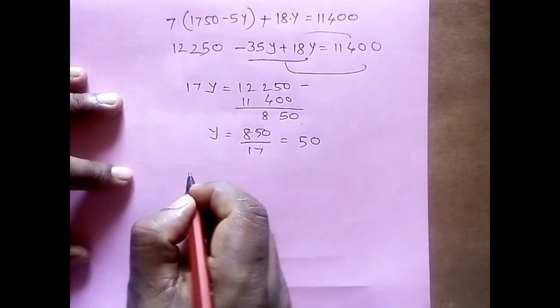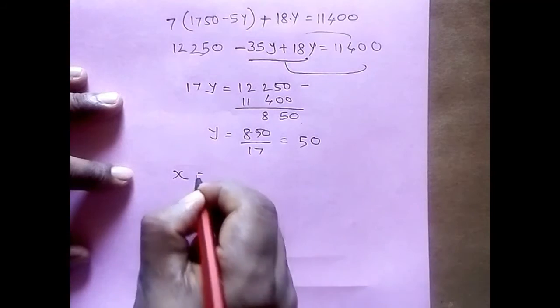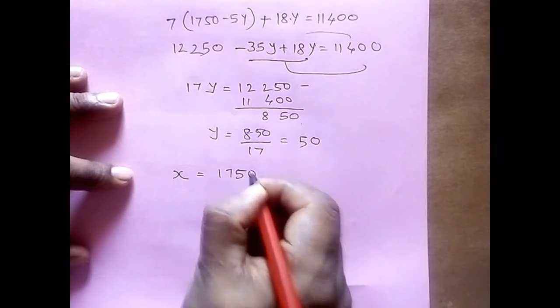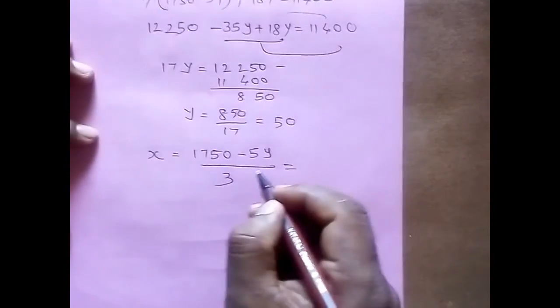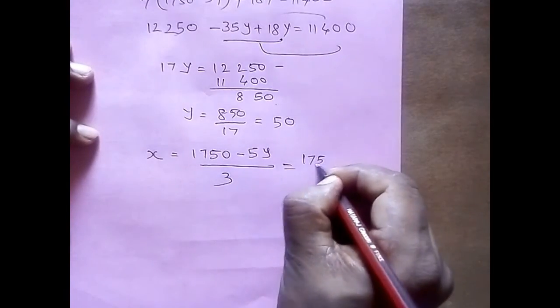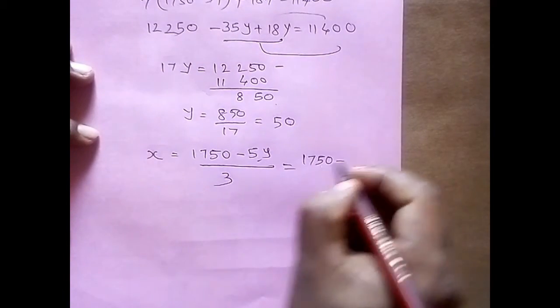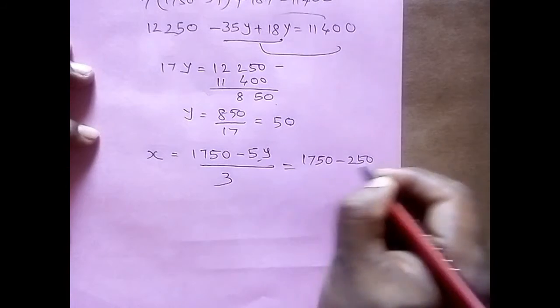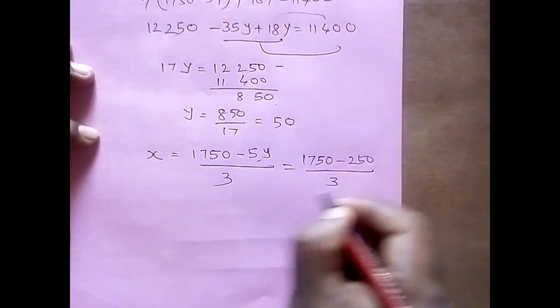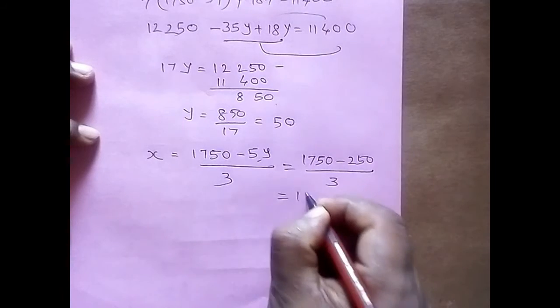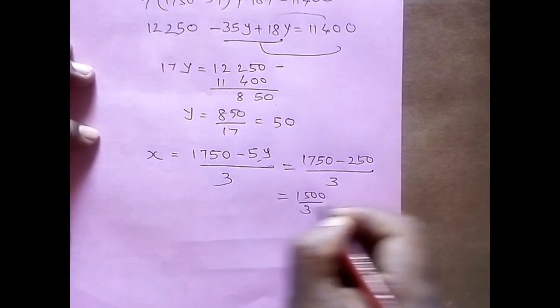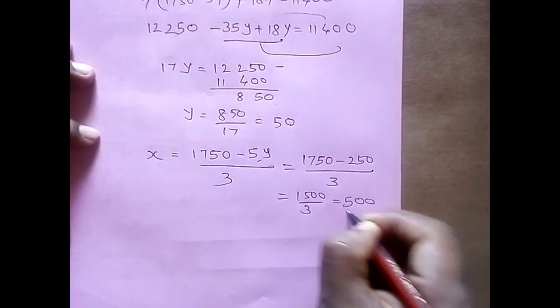What about x? x is equal to 1750 minus 5y divided by 3 from here. So that is equal to 1750 minus 5 into y. 5 into 50 is 250, divided by 3. 1750 minus 250 is equal to 1500, divided by 3 is equal to 500.